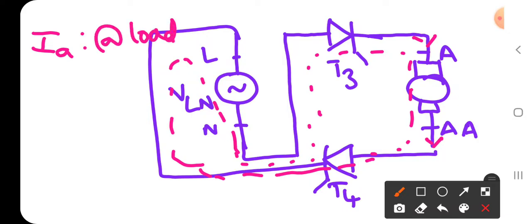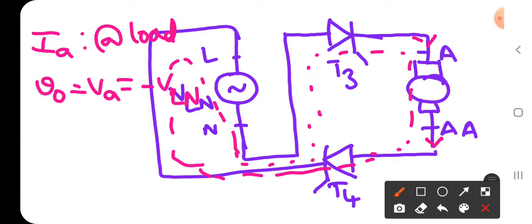Now what happened to the output voltage? V0 is equal to Va. Previously A was connected to L and AA was connected to N. But now A is connected to N and AA is connected to L, therefore Va is minus VLN.